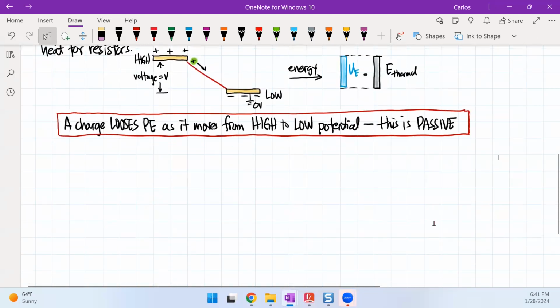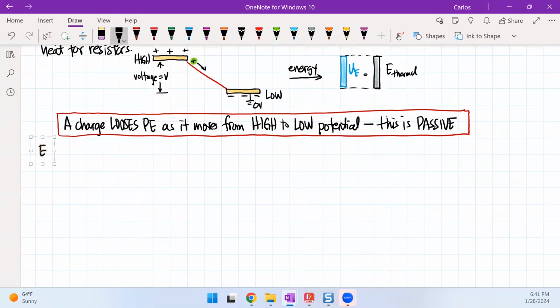That's what we mean by passive. Now, from the elemental viewpoint, we said that there were two views. So what about from the element viewpoint? Which is exactly what you should be thinking about.